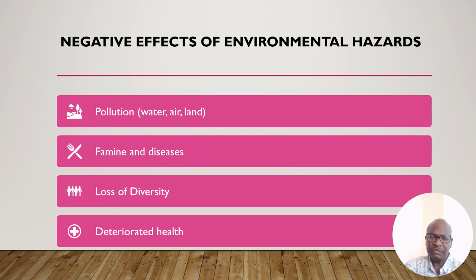Moving on, we can continue exploring some of the negative aspects of environmental hazards. Apart from causing pollution where the air, the water, and the land are unusable, they can also cause famine and diseases. In the sea or in aquatic bodies, environmental hazards can lead to loss of diversity.